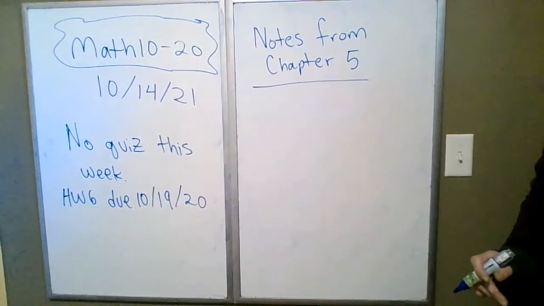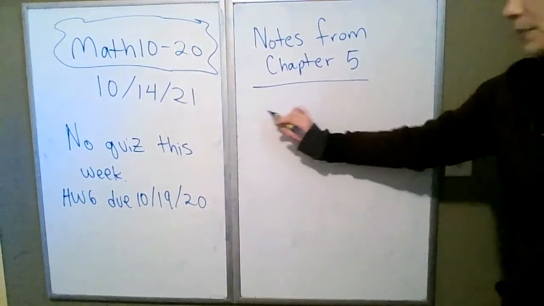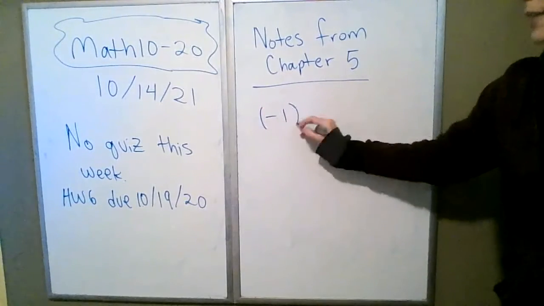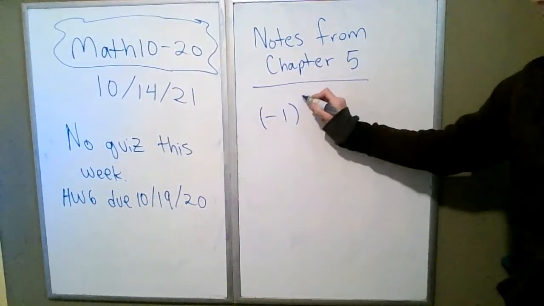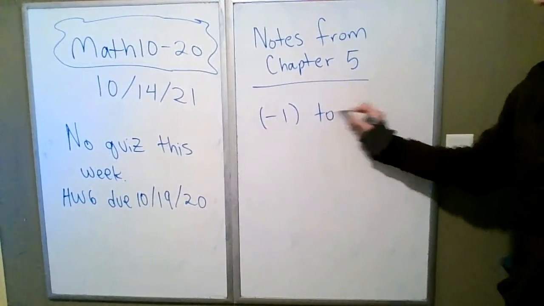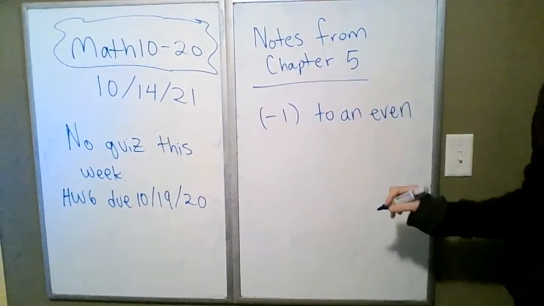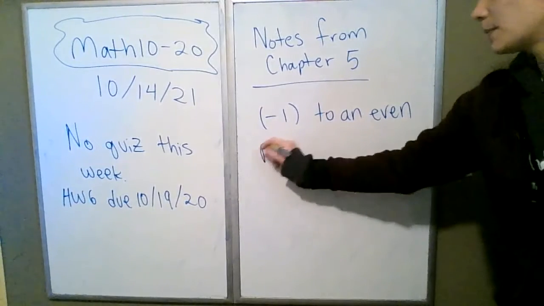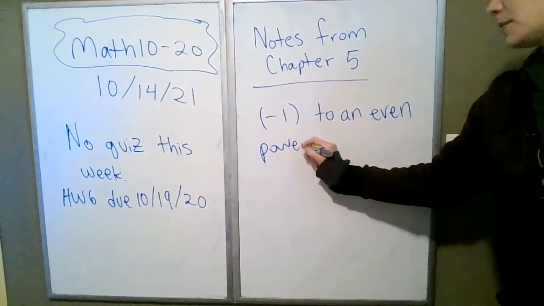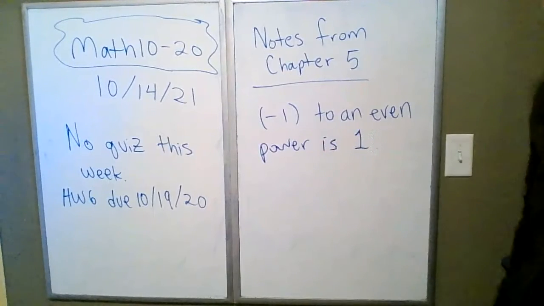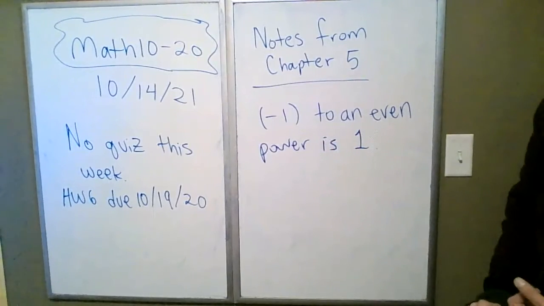It's possible that we've talked about this before, but just be sure that it's in your notes. When you have -1 to an even power, the result is +1. -1 to any odd power is -1.